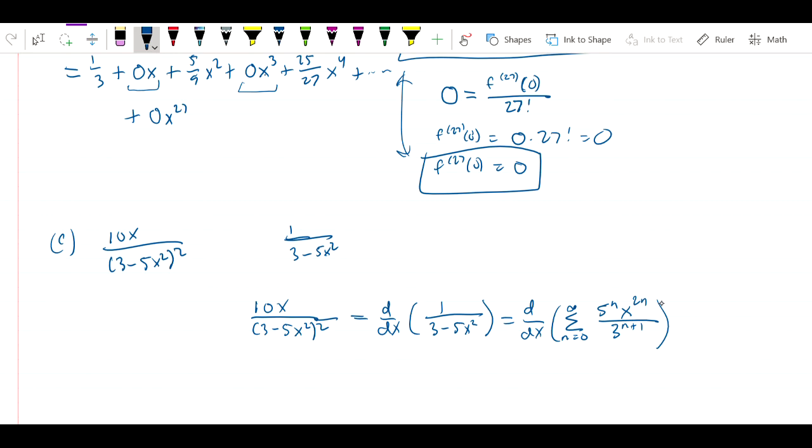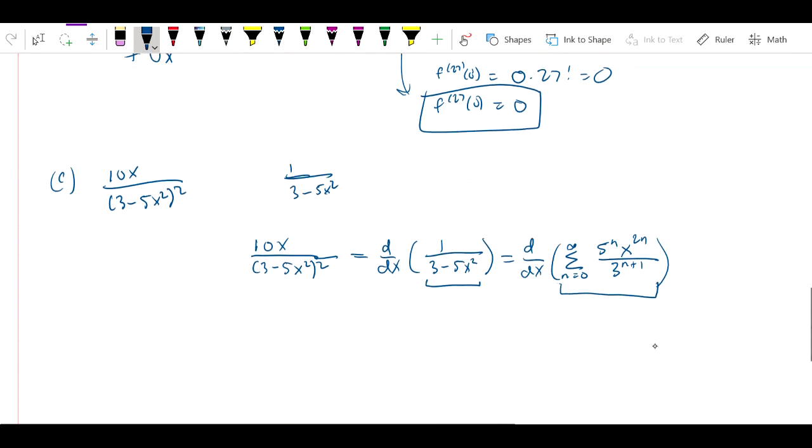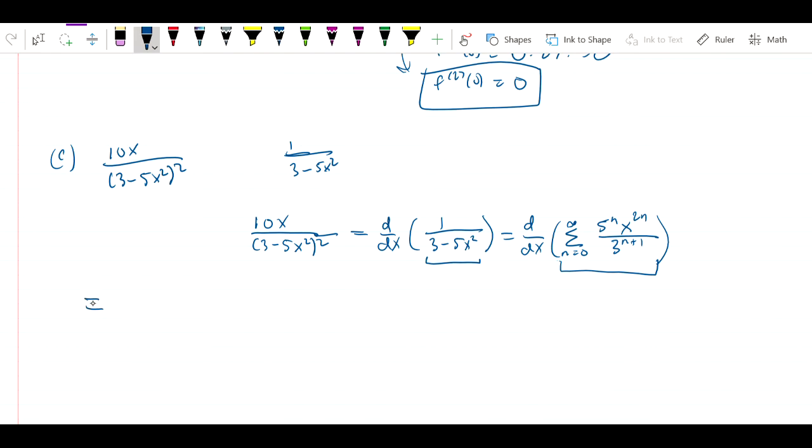So if I can find this function by taking the derivative of that function, then I can find a series for this function by taking the derivative of the series for that function, because this and this mean exactly the same thing. This is the main innovation of the end of this chapter: a function has a corresponding series that can replace the function. So I'm just going to find the derivative with respect to x using the ordinary power rule.